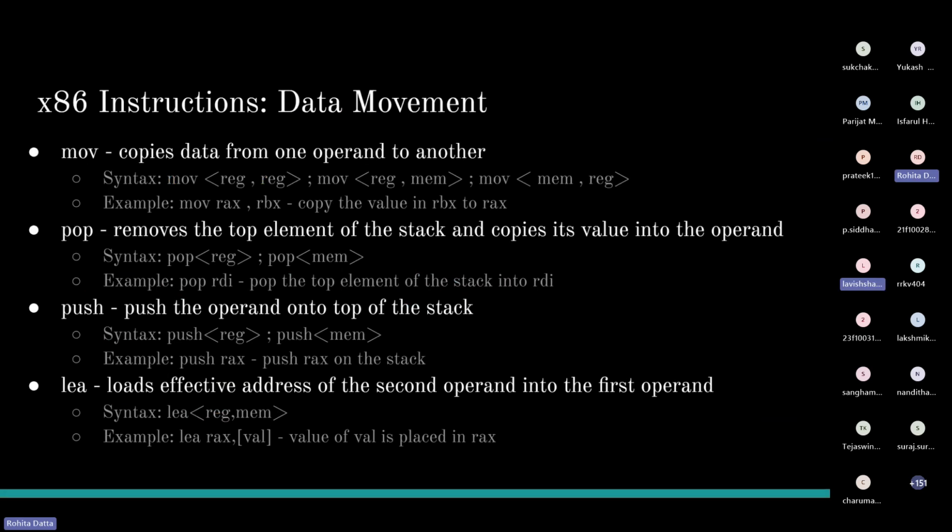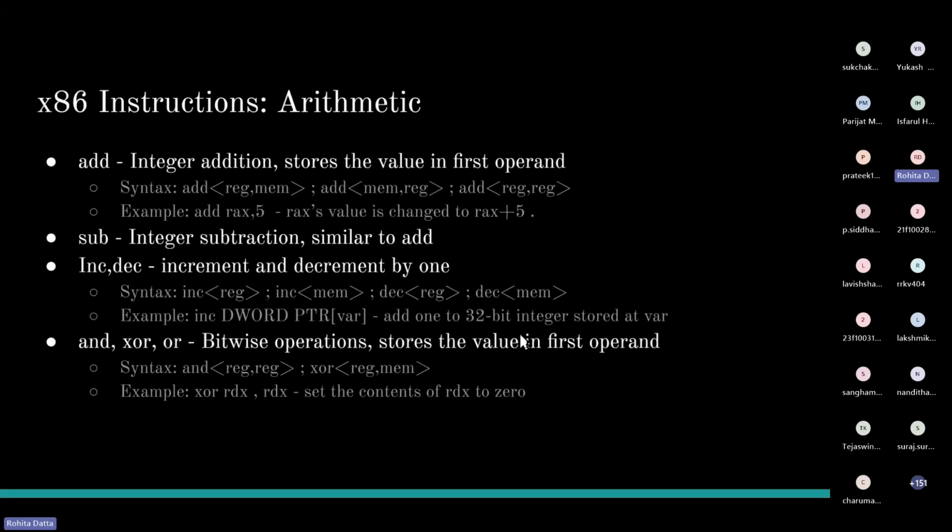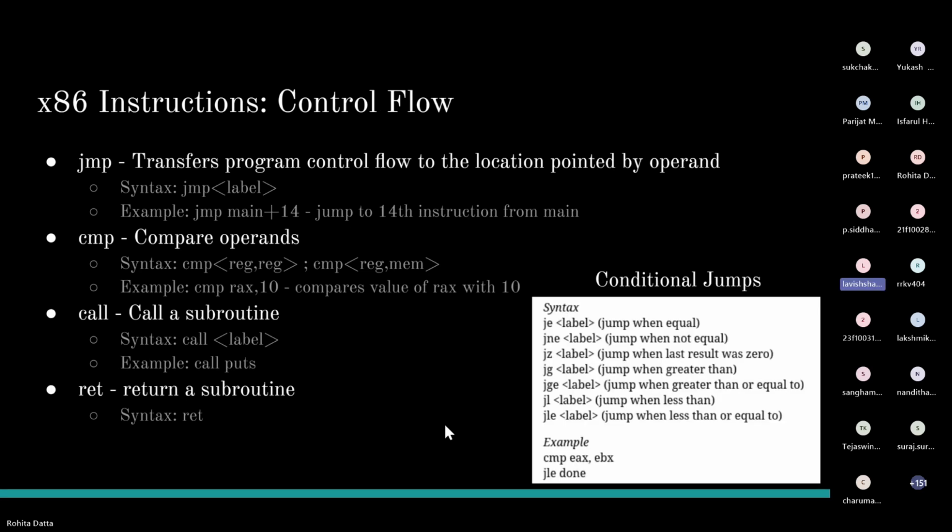And then we learned what mov is, pop, push, load effective address, add, subtract, increment, decrement. You learned what XOR is. You learned all of this. Call basically pushes the return address on top of the stack. Return gives the EIP, the instruction pointer, the next instruction it's supposed to go to.